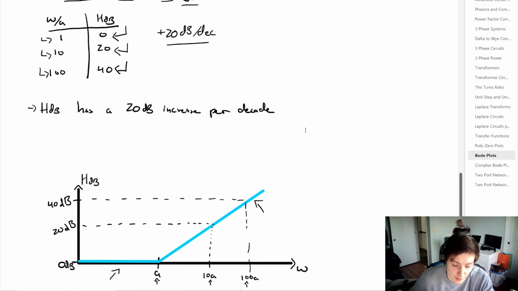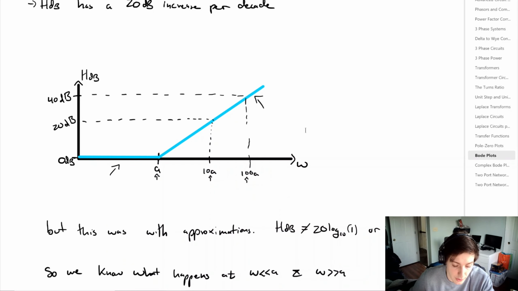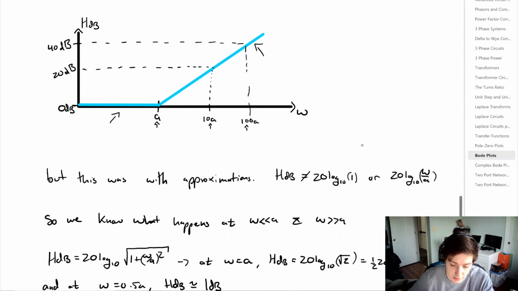So this is a fine approximation, but we have to consider that H is not equal to 20 log 10 times omega divided by a. But we know the behavior for omega much, much less than a, and omega much, much greater than a.